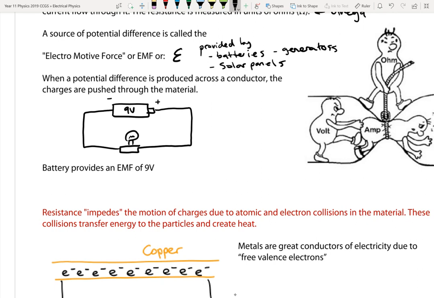Now, let's figure out which way. Remember, the electrons are going to go from the negative, and they've got lots of energy. And then when they get to here, there's a transfer of energy. And then on this side, they've lost their energy and they return back, obviously because the light bulb is converting out that electrical energy.